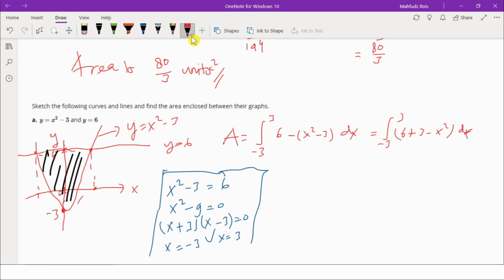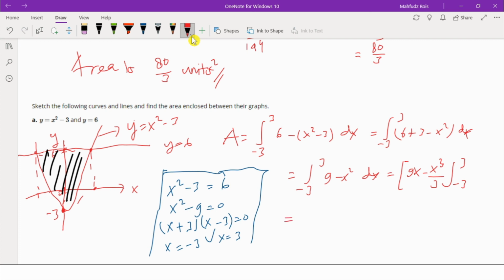So here it will be minus 3 to 3, 9 minus x squared dx. Alright, and then we calculate the definite integration. So it will be 9x minus x cubed over 3, from minus 3 to 3, like this.